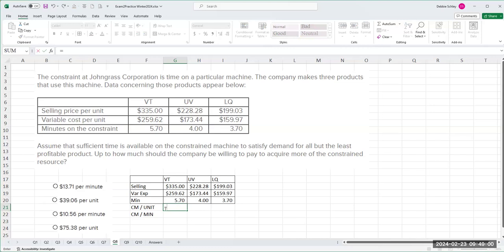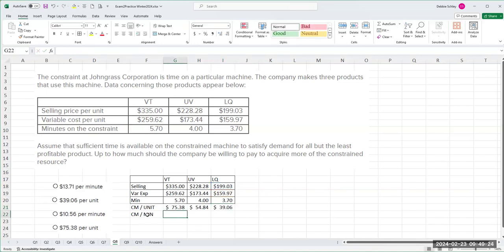So again, contribution margin per unit, you take the sales minus the variable per unit, and that gives you the contribution margin per unit. I'm gonna drag that formula across and show you that in fact it is the sales minus the variable expense equals the contribution margin per unit.